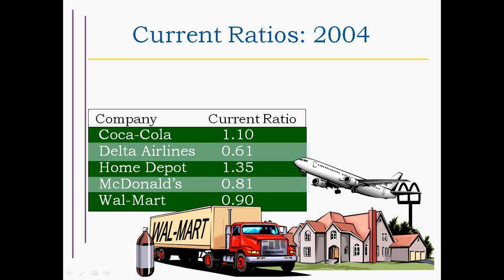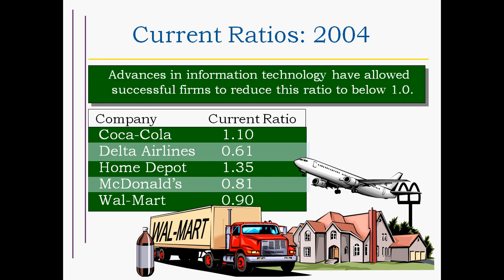Current ratio in 2004: Coca-Cola 1.0, Delta Airlines. These are examples. McDonald's, Walmart. You can see the rule of thumb ratio is 2. Advances in information technology allowed successful firms to reduce the ratio to below 1.